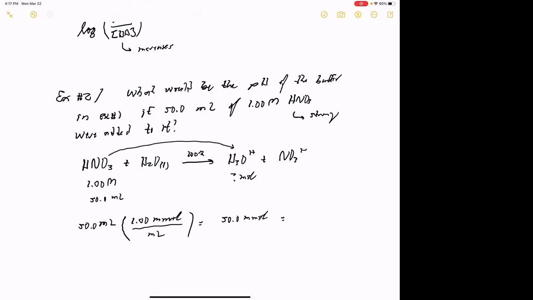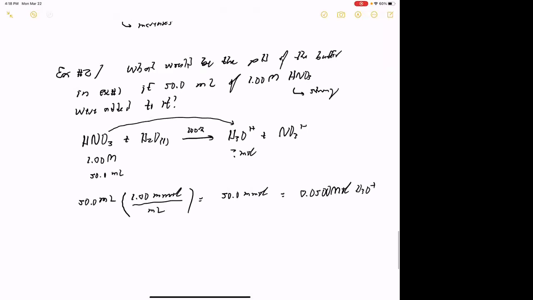I just take that three places to the left, you get 0.050 moles of H3O plus. I think I did that right. Yeah, and get another sig fig in there. There we go. So everybody okay with that? I just calculated the number of moles of hydronium that I got from the dissociation. I didn't even put the mole to mole relationship in there because we know it's 1-to-1. Some point as chemistry majors, we can just kind of see that stuff.